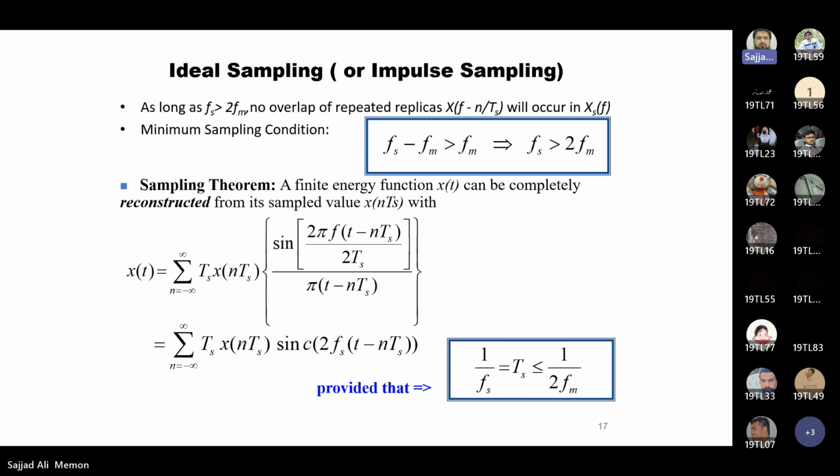We always take 8 kilohertz. That is 1.8 kilohertz extra than the actual frequency component, just to avoid repeated replicas overlapping each other, so that we can reconstruct the signal properly. Is it clear?